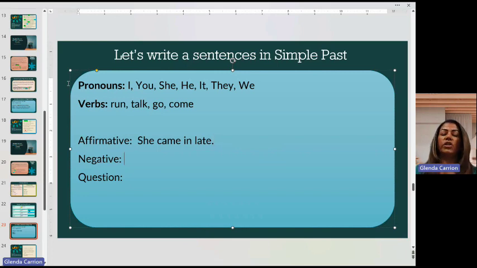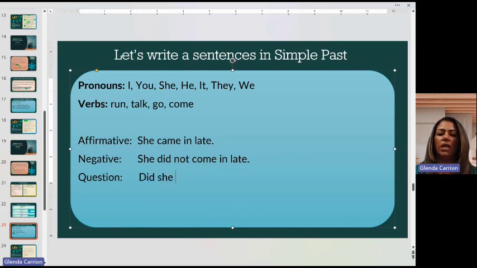But now I have to change it into the negative. But we already know that if the sentence is negative, what do we need? Auxiliary verb plus not. So she did not, present tense, come in late. That would be the negative form of that sentence. And now I want to change it to a question. And question starts with auxiliary verb.